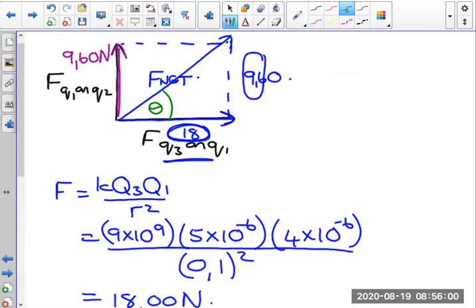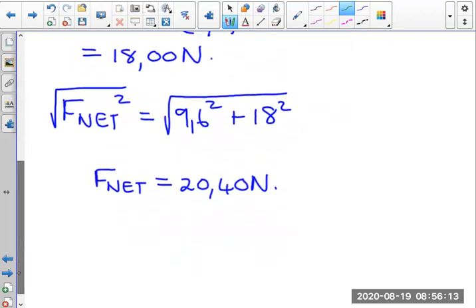So from this angle, we want to know what that angle is. We say this is the opposite and this is adjacent. And the trigonometry function that we use with opposite over adjacent is tan. So we're going to say tan theta equals opposite, which is the 9.6, over adjacent, which is the 18.